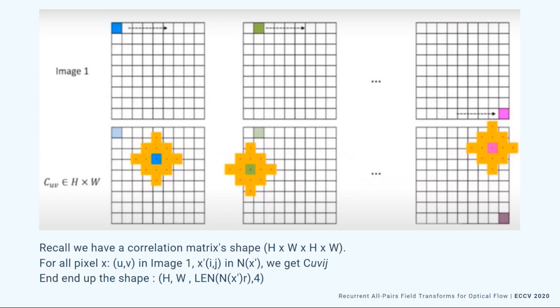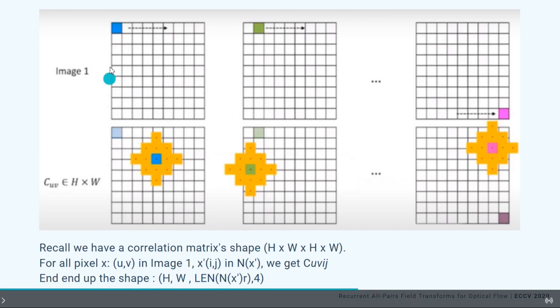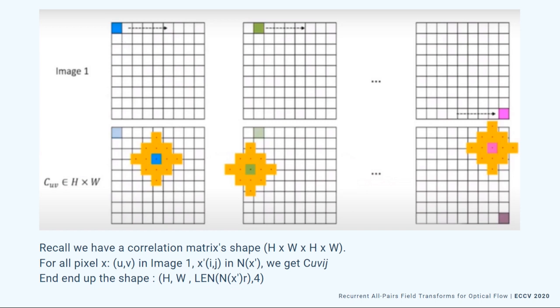As we have a correlational matrix of shape H times W by H times W, for all pixels x with coordinates u and v in image 1 and x prime with coordinates i and j in the local grid over x prime, we gather this C u v i j.